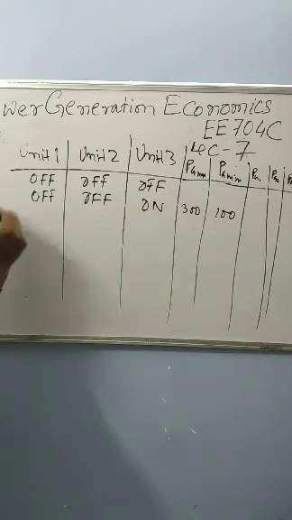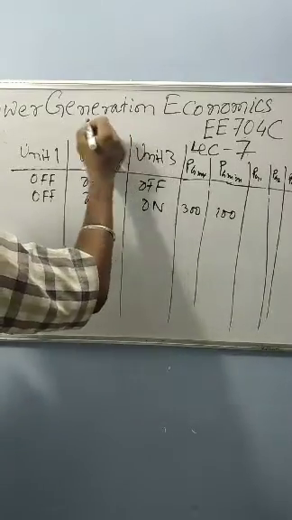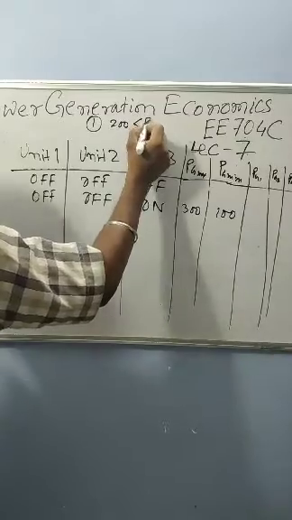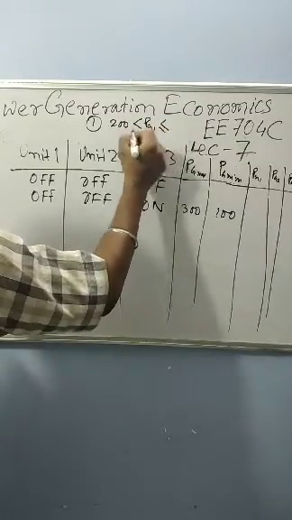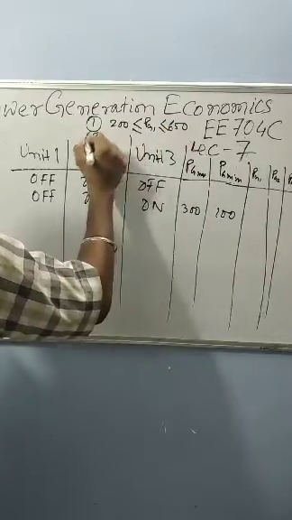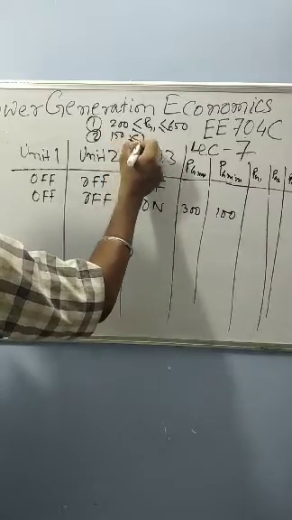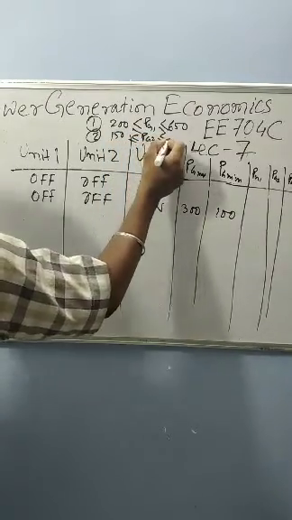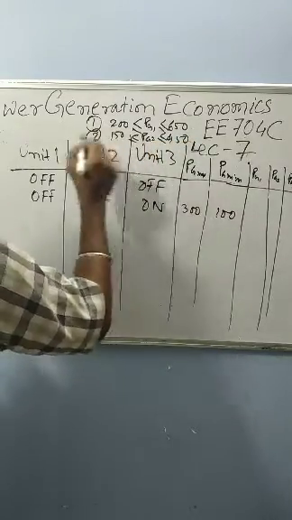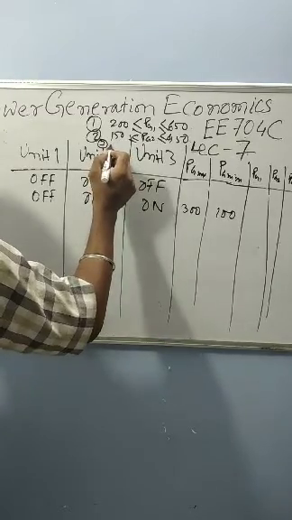The first unit has 200 less than or equal to PG1 less than or equal to 650. For the second unit, 150 is less than or equal to PG2 less than or equal to 450. And for the third unit, here I am writing, it is 300.